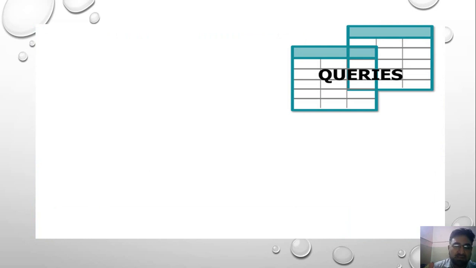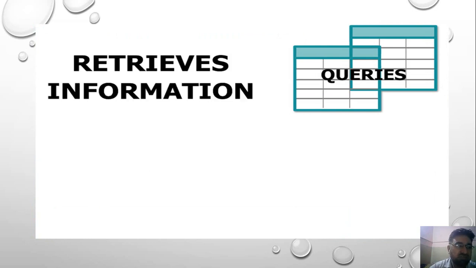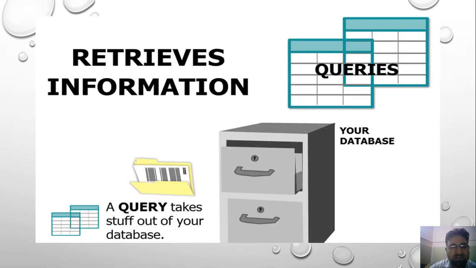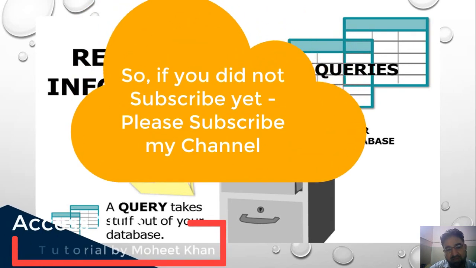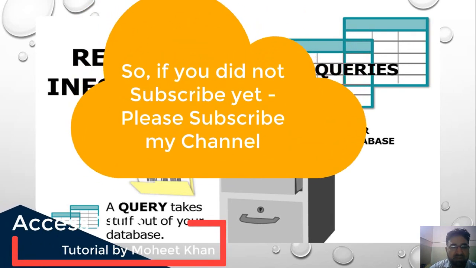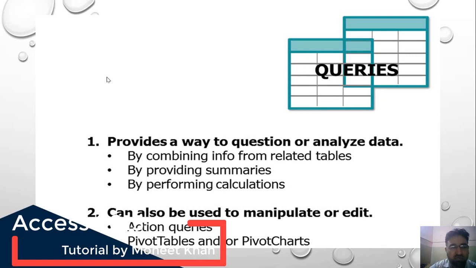Queries, on the other hand, are designed to retrieve information from your tables. In other words, a query takes stuff out of your database for you. But this is not all a query can do.